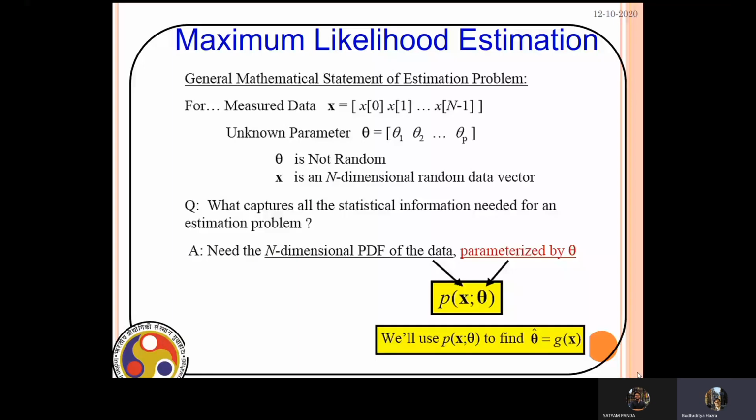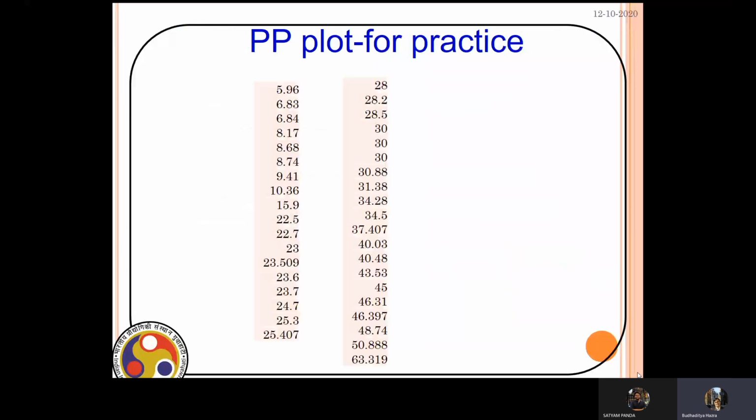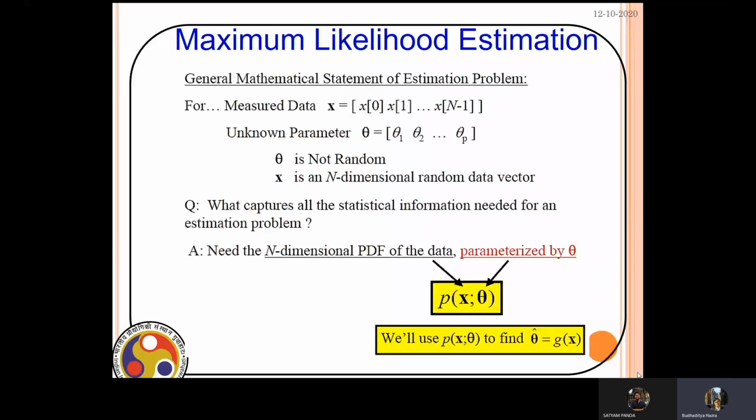So students, today I'm going to discuss quickly the second method of parameter estimation, which is called maximum likelihood estimation. In maximum likelihood estimation, the setting is slightly probabilistic, as opposed to the probability paper plot, in which we perform linear regression.